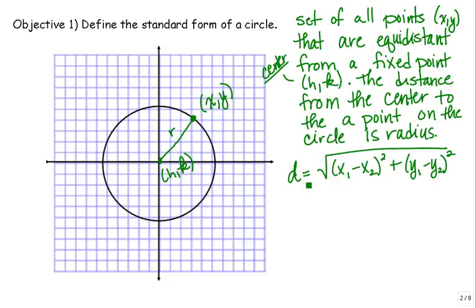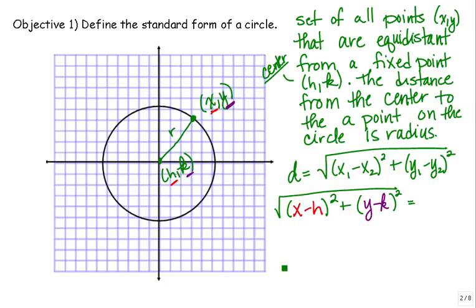So we're going to have this, and let me put the x and y's on the left hand side. So I would have, let's say, the square root of, well, x1 minus x2. So I'm going to make a substitution here to have x1 minus x2, which would be x minus h squared, plus then my y1 minus y2 would be y minus k squared.